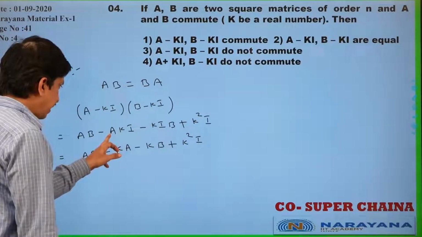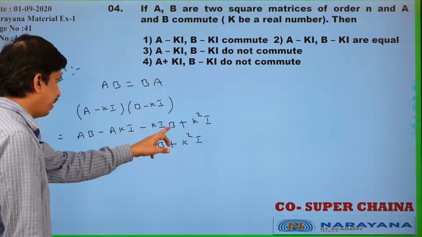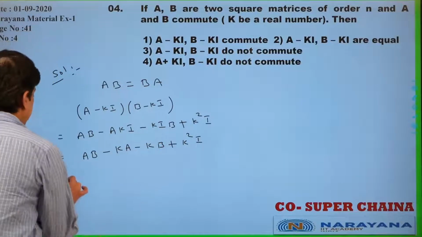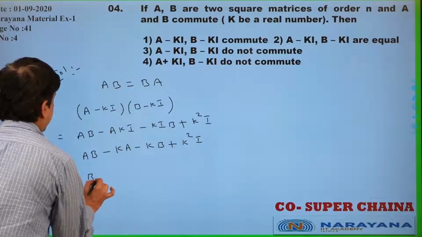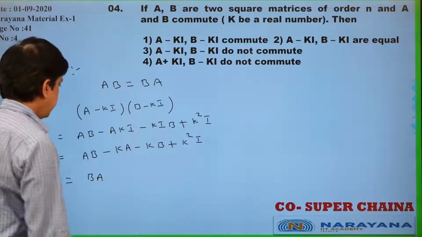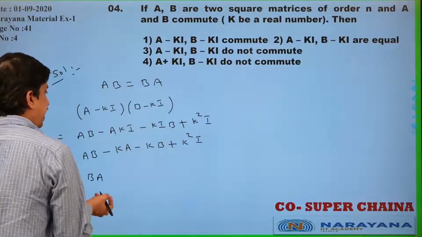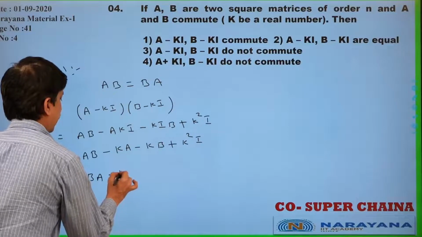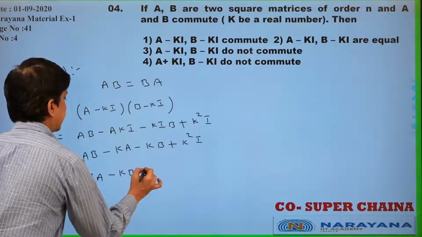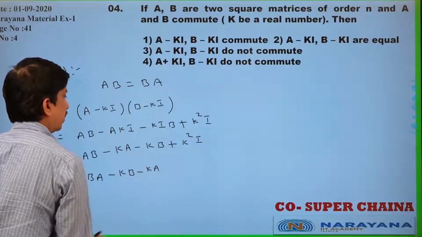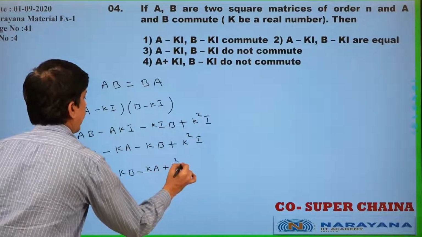Why? Because here A into I you will get A, B into I you will get B only. Now AB equal to BA, you can write. This is nothing but minus KA minus KB, you can swap that one, no problem. Minus KB minus KA only, plus K square I.